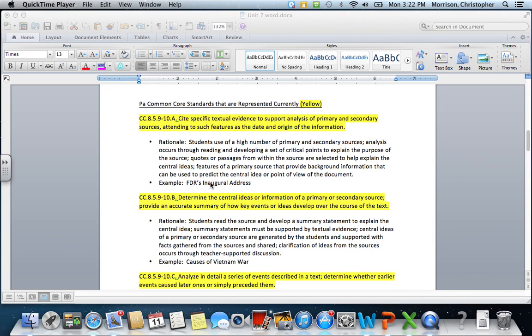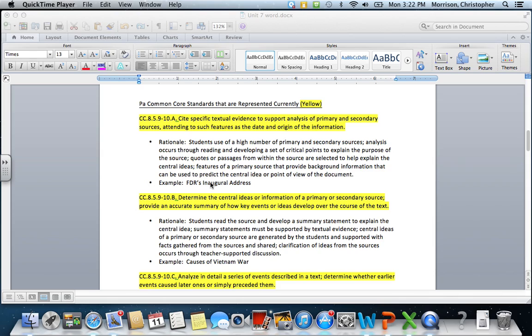For the other two sections, it helps explain where I do some of the standards for the blue, but maybe where I can improve on them. And for the pink standards, these are standards that I don't think I necessarily do, and I explain why through the rationale.